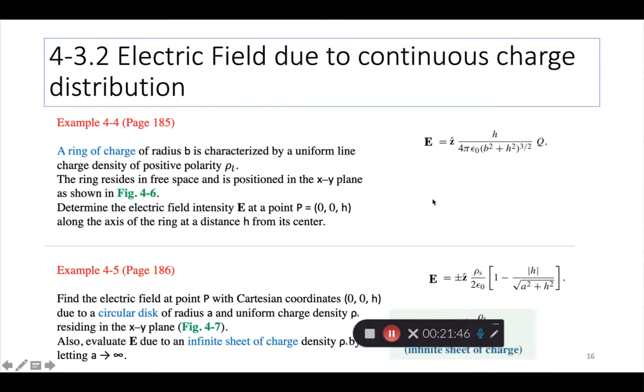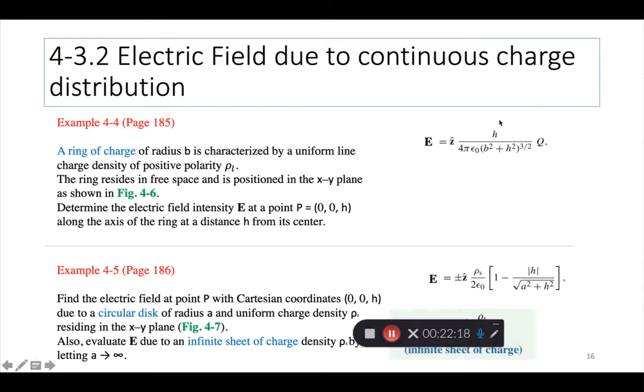So given that, can you find at a different point along the center axis of the ring, can you find the field density? So that's the derivation, and it's basically taking Coulomb's law again, creating a small differential element of length, you know, dl, and then finding by Coulomb's law what is dE, the differential E on it, and then integrating it over the entire length.